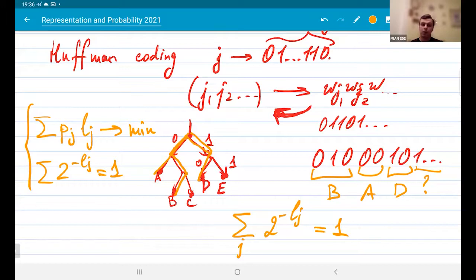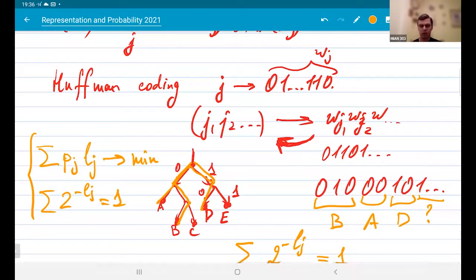But here is a step which is purely mathematical. If I assume that the Lj's need not be integer, then this is just a problem on conditional minimum, and you can find this conditional minimum.